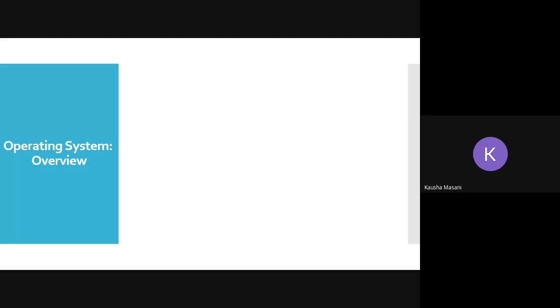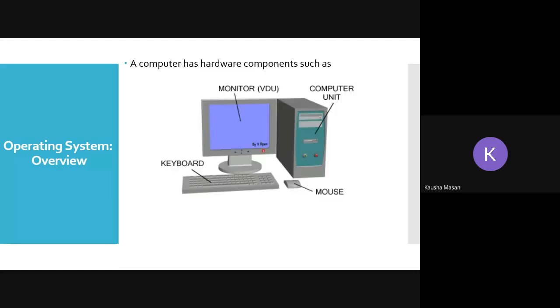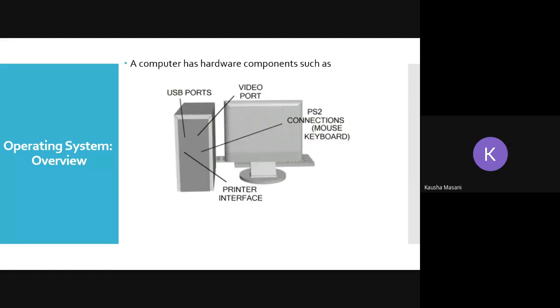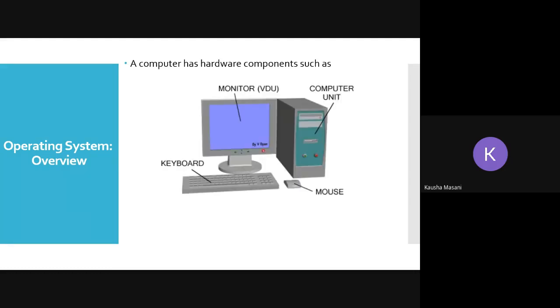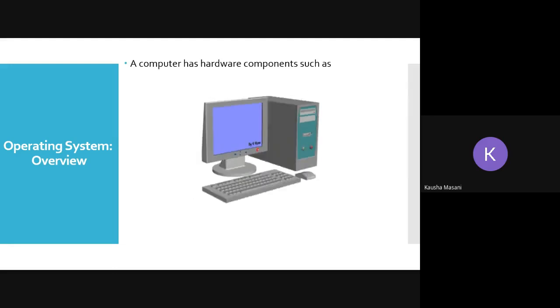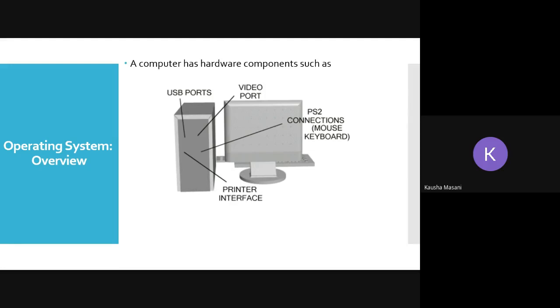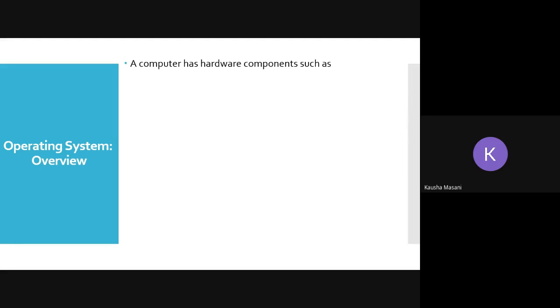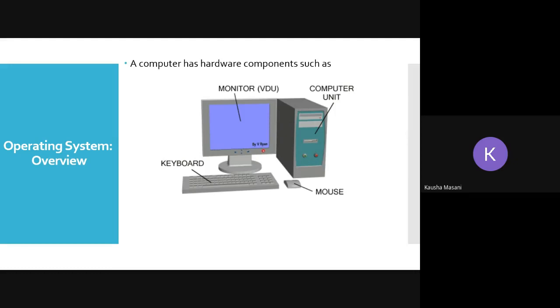If I summarize this whole overview in one slide, a computer has some hardware components like your keyboard, monitor, CPU, mouse. And at the back side, there will be some USB ports, printer interfaces, mouse jack, RJ45 jacks, video outputs and video ports and connectors.